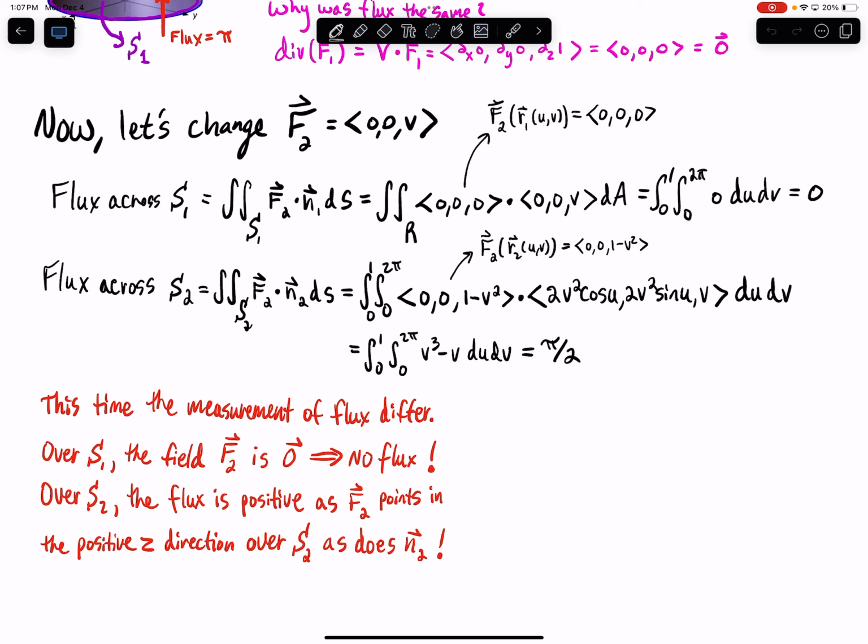Huh. Yeah, whatever. It's just a negative. I don't know why I did that. That should be v minus v cubed.